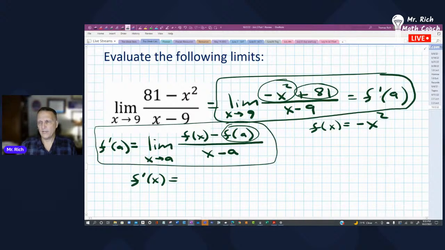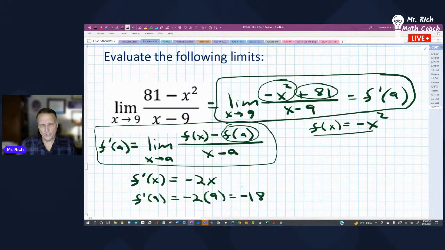I'm recognizing that this limit is the derivative of f of x equals negative x squared evaluated at x equals 9. So what I can do is take the derivative of f of x using the power rule and then evaluate it at 9. So that's negative 2 times 9, or negative 18, like that.